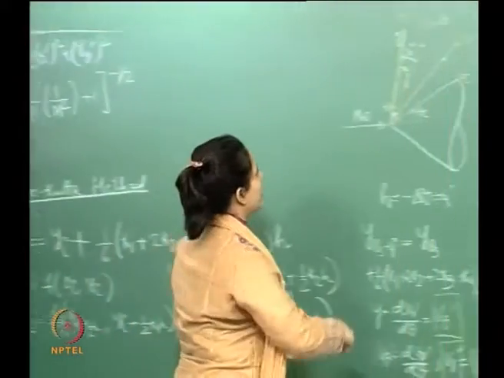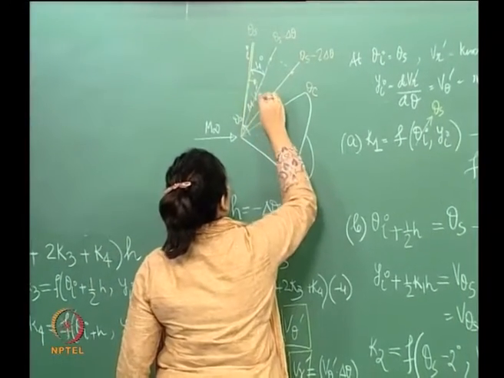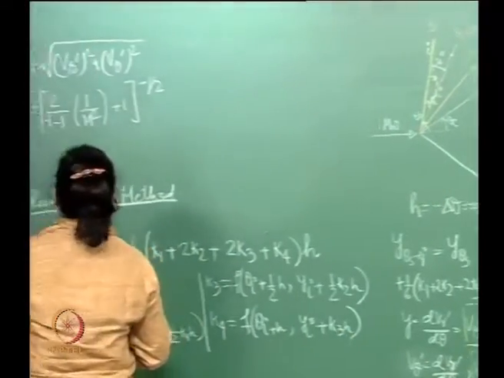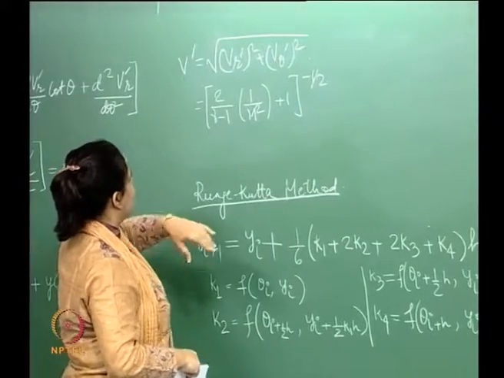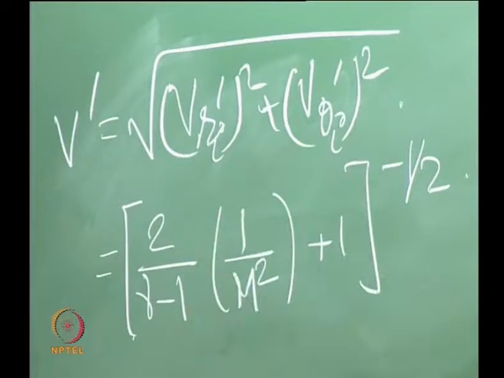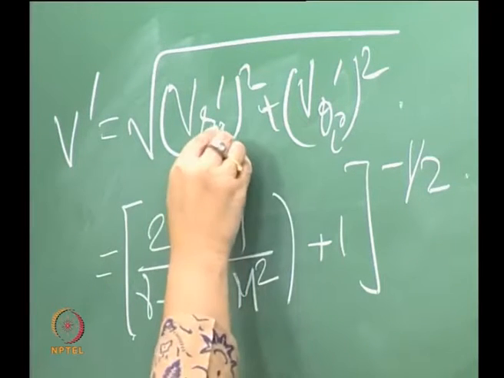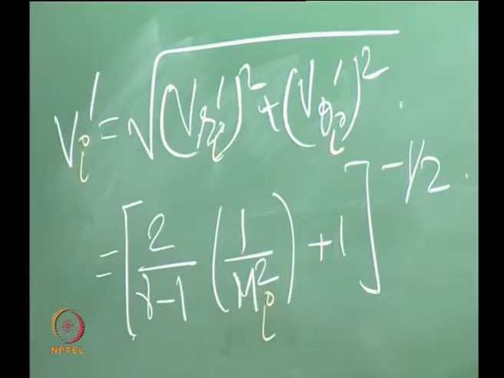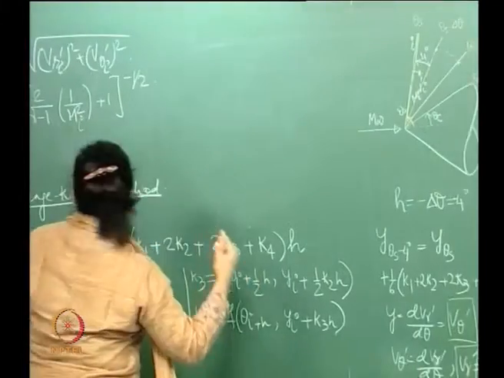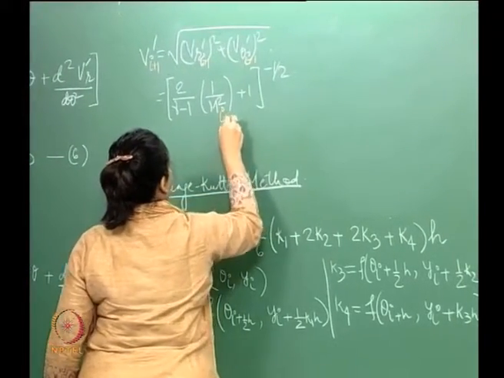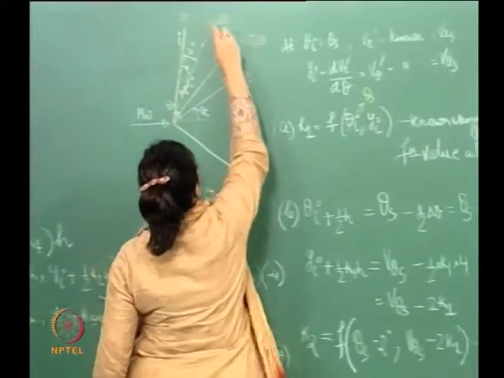So, what we can now get is V dash I and Mach number I, and once we get the Mach number I, from here we get V r dash I, V theta I. So, let us say this is my I plus 1.